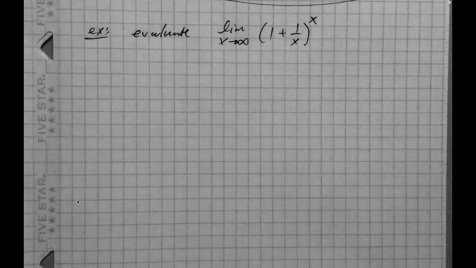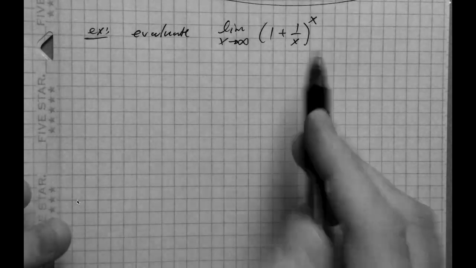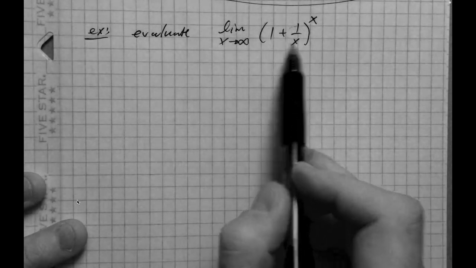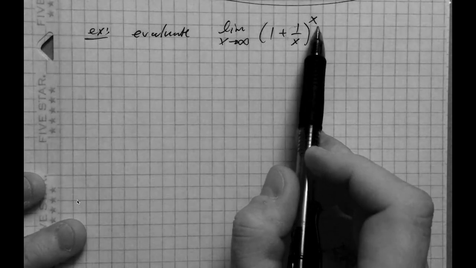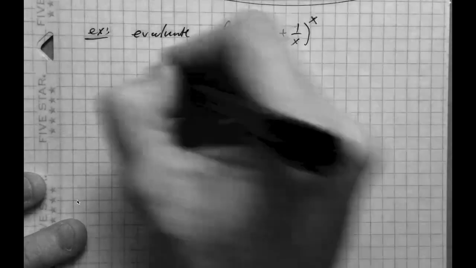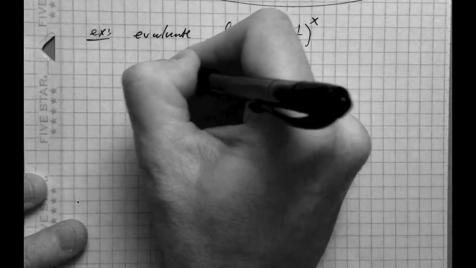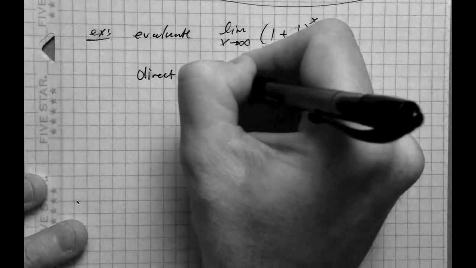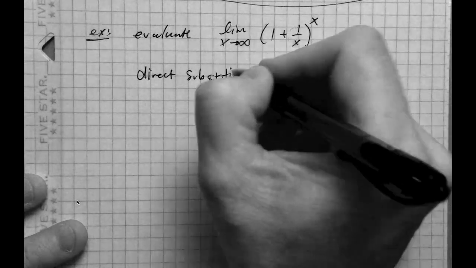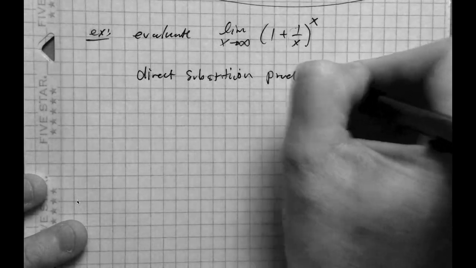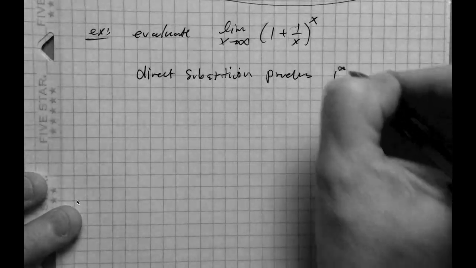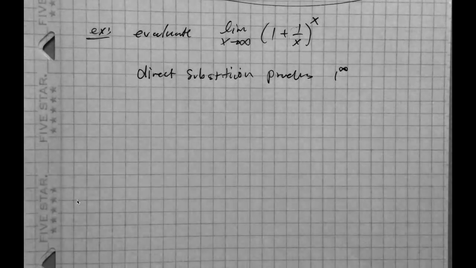So what happens just looking at direct substitution? This term here is going to go to 0 as x grows, and you're going to end up with 1 raised to the x power, so direct substitution produces 1 to an infinite exponent, which is not exactly helpful.